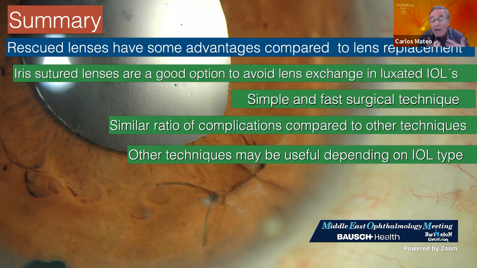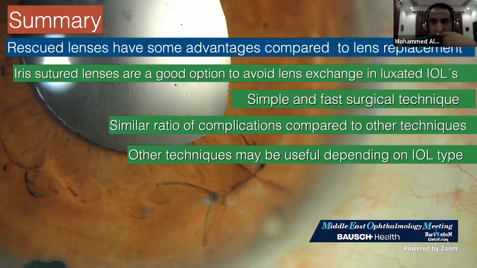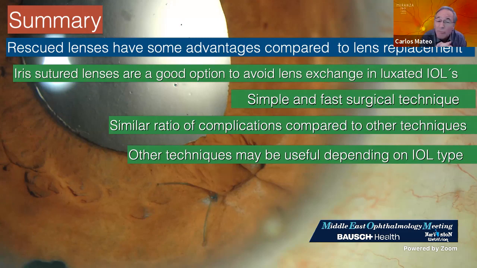Then in summary, as a vitreoretinal surgeon, I'm not an expert in anterior segment surgery. For me, rescued lenses have some advantages compared to lens replacement in patients that have IOL dislocation. Iris suture lenses are a good option. It's a simple and fast surgical technique with a similar ratio of complications to other techniques, and other techniques may be useful depending on the IOL type.